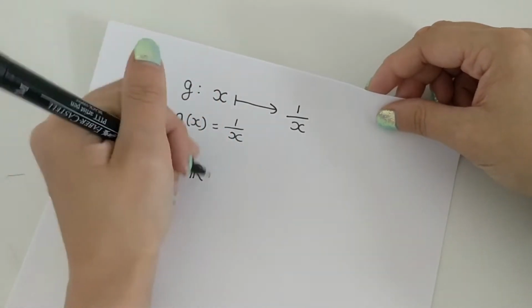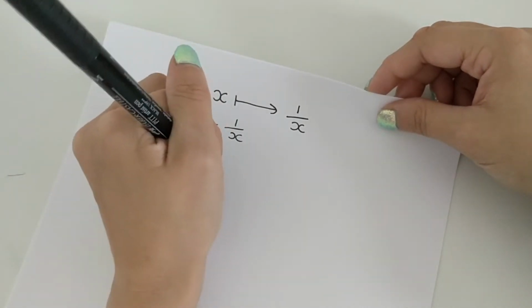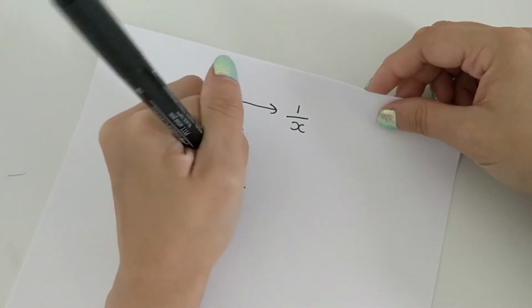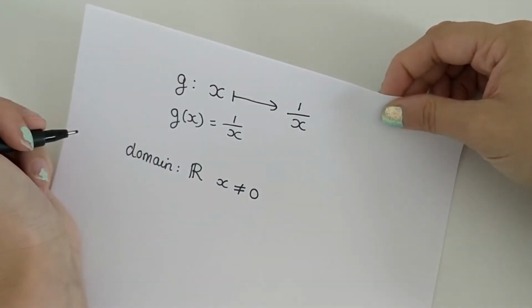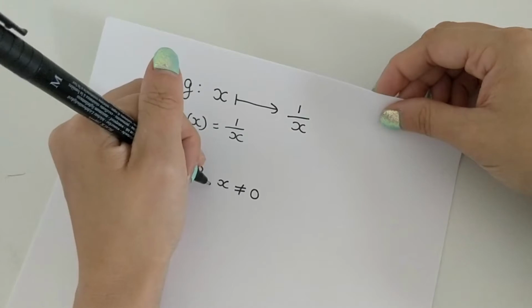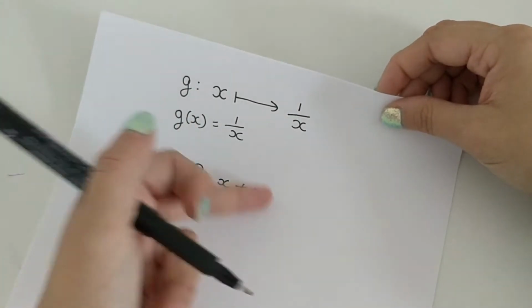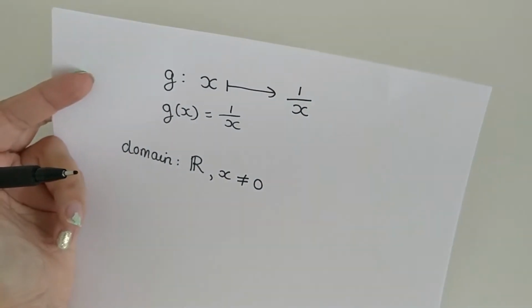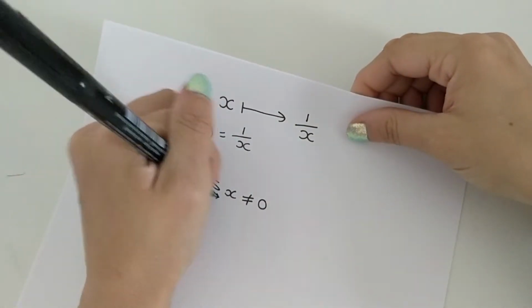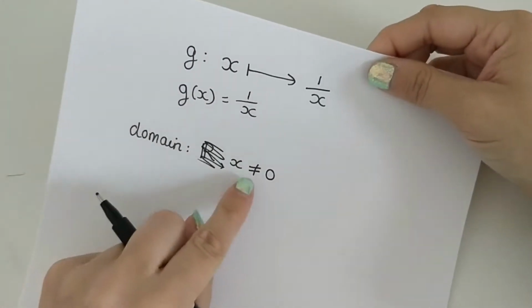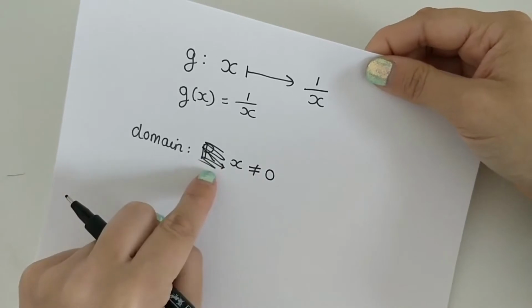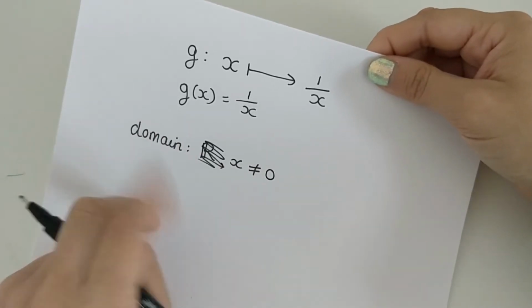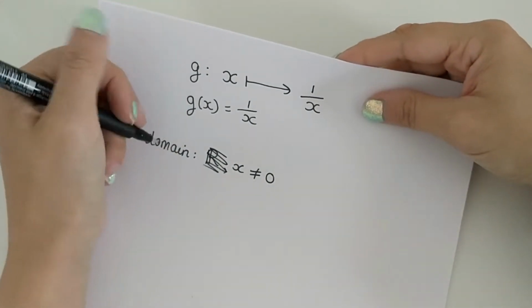So the domain is all of R, but x is not allowed to be 0. You are allowed to just write x is not equal to 0, because it's obvious that you mean the real numbers. So that's our domain.